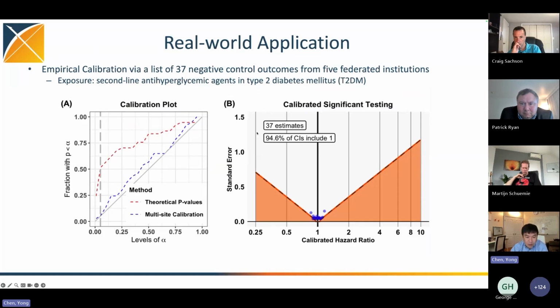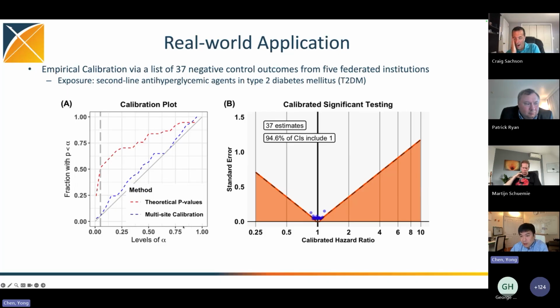One way to diagnose whether we are doing a good job in calibration is to plot the empirical coverage, which is the fraction of p-values less than a given nominal level alpha, where alpha goes from 0 to 1, versus the theoretical level.